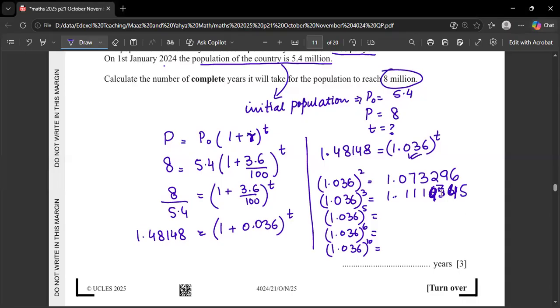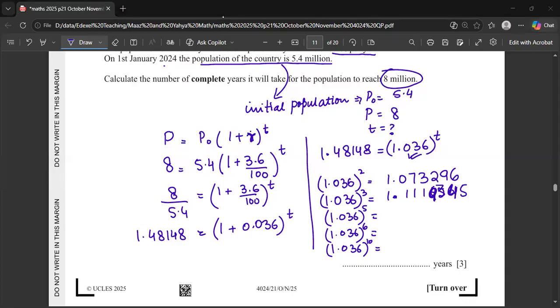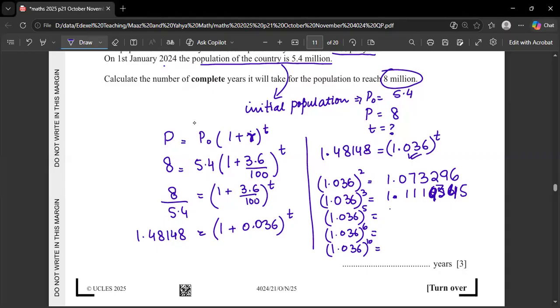What about this, 1.036 to the power 5? I have written it in the chat for the second one. Okay, let me check. 1.1119344. Is this for the power 3? Yes.